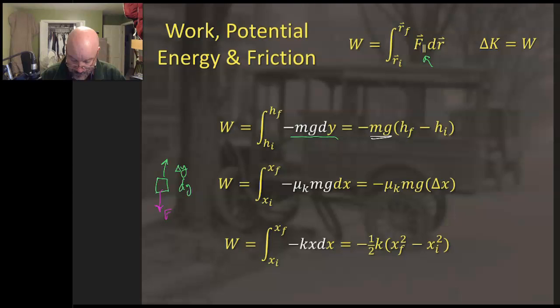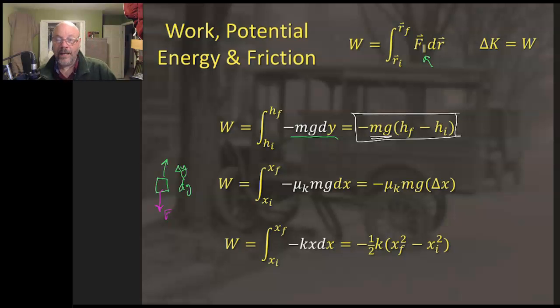So we got our mg there. Once we do this, dy just becomes y, and we're going to have our limits between h initial and h final. Once we do that, we get this expression right here.